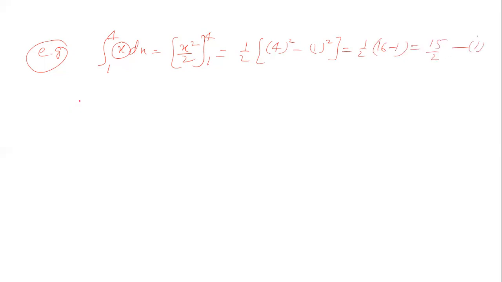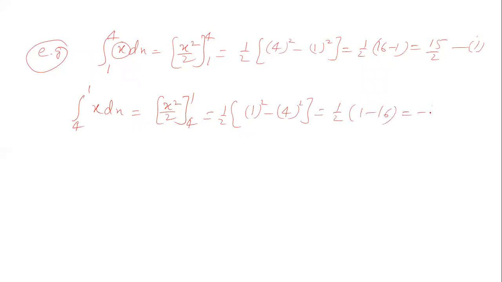Now, on interchanging the limits, let's take the integral from 4 to 1 of x dx. What will it become? Its integration would be x square upon 2, from 4 to 1, that is half, 1 square minus 4 square, that is half, 1 minus 16, that is minus 15 upon 2. And what is the value of 15 upon 2?